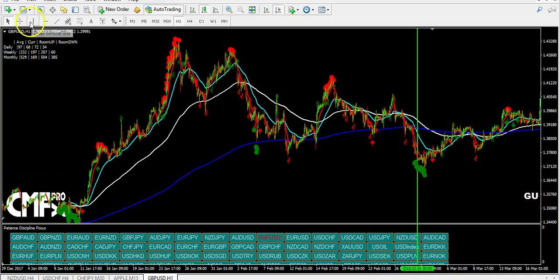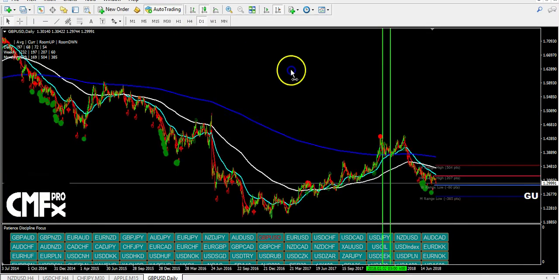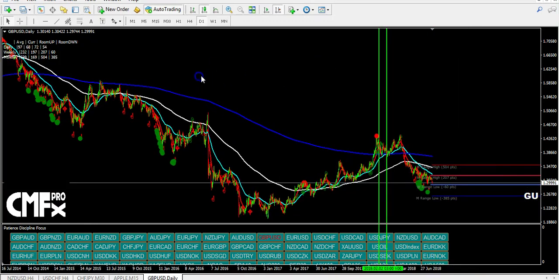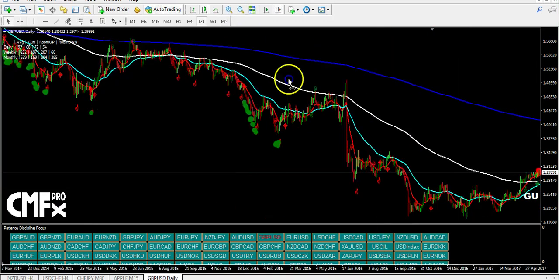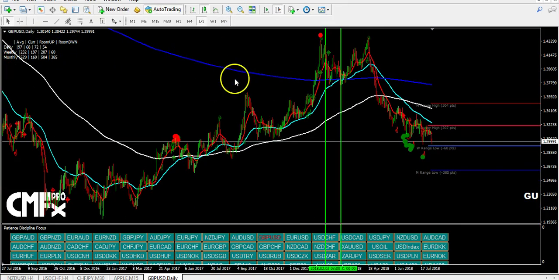Yes, so let's mark this on the H1. And there it is. There is the second leg of the M, right off of that exhaustion. That's the second leg. And that's your entry for this nice downtrend.